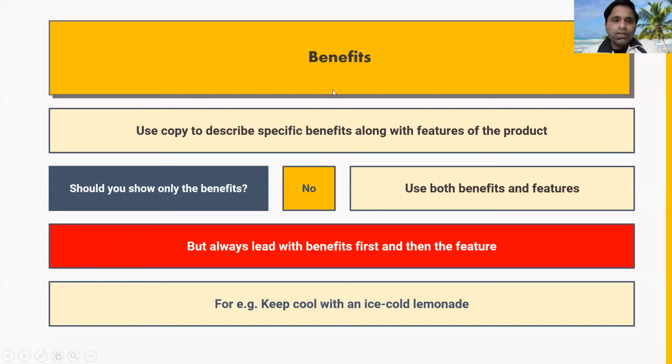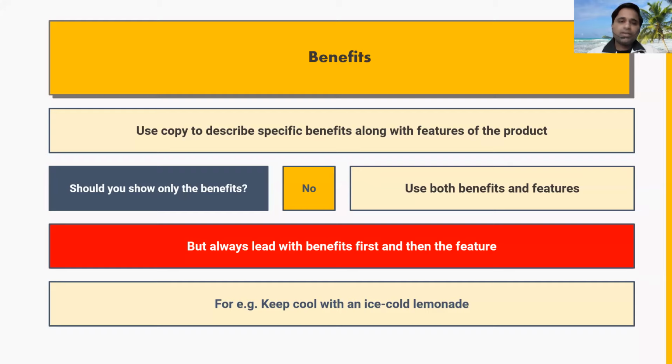Thank you. I think you should show both the benefits and the features. You should lead with benefits first and then use the features. The visitor must know about the features of your product and the benefits also. For example, keep cool with an ice cold lemonade. If I use just the words that my lemonade is ice cold, this is just a feature.